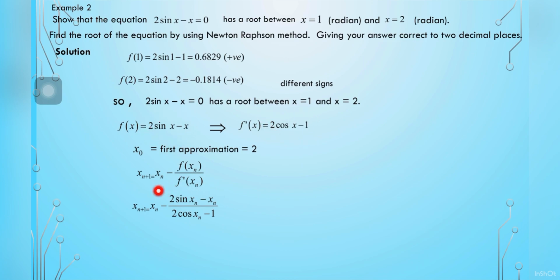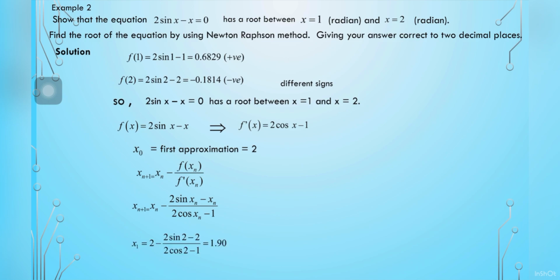So I will have this, and you can input this formula into your calculator, and all your calculation must be done using the calculator. It is advisable for you not to calculate the values of x1, x2, x3 and so on manually. You just put in all these values.